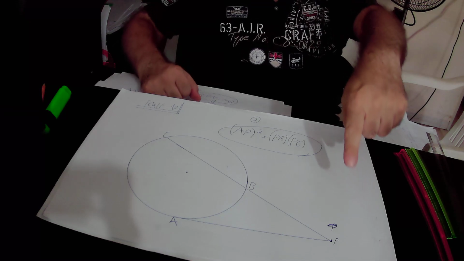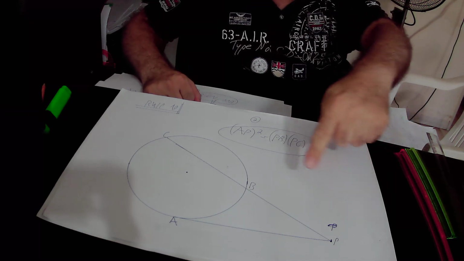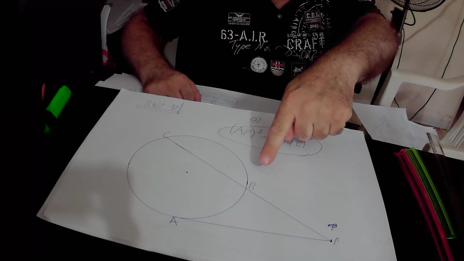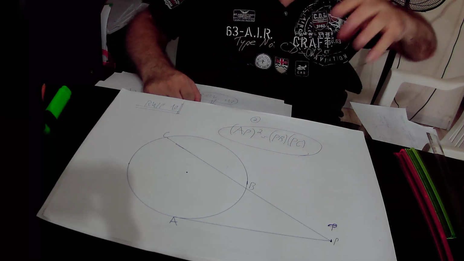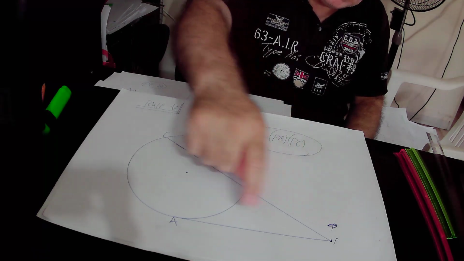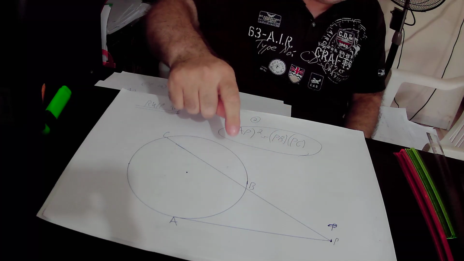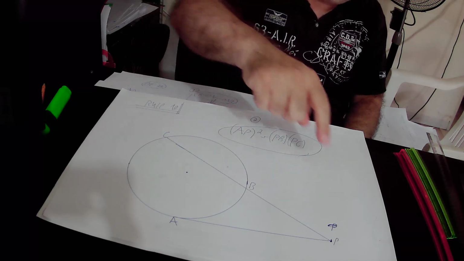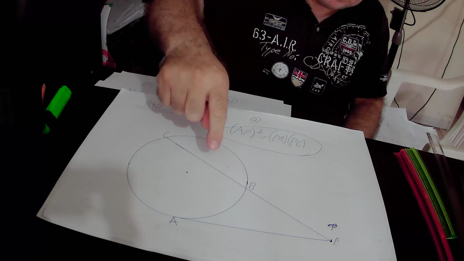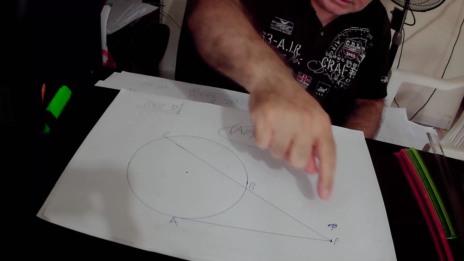And from point P we also have a straight line that intersects the circle at 2 points, point B and point C. Then AP squared, that is the square of tangent AP, equals PB times PC.